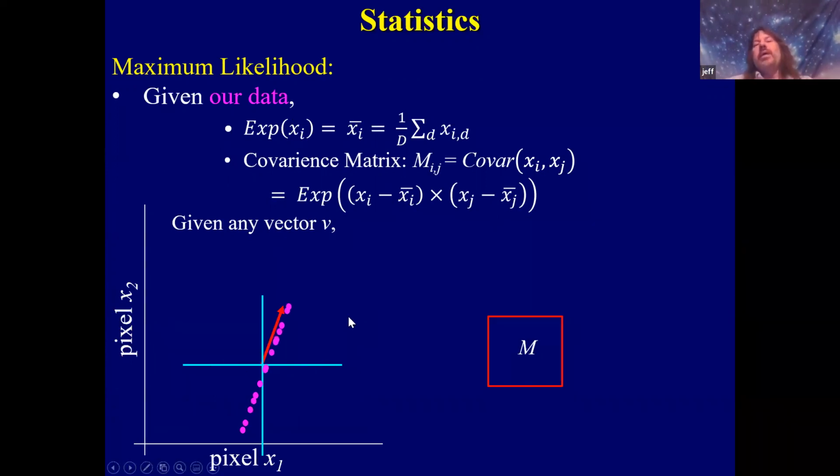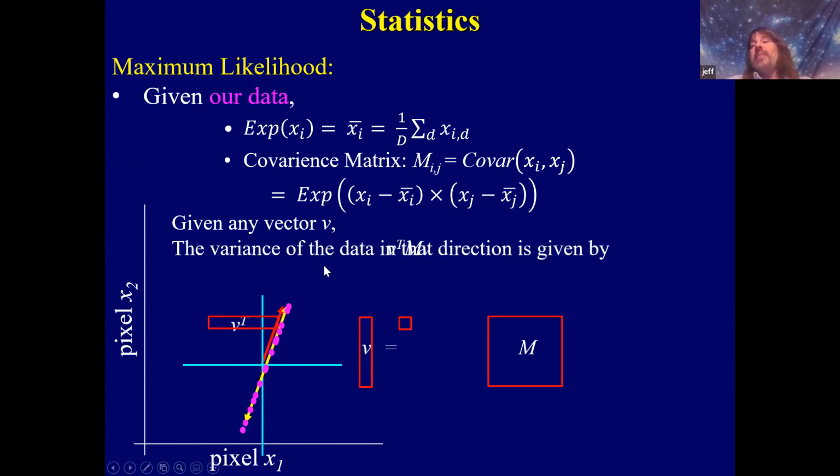And how we're going to do it is we're going to say, suppose we took all our data and we projected it onto that vector, right? Then we could ask, how spread out is the data? Our goal is to project our data onto some vector such that it gives us a lot of information. So we want the variance along this to be really high.